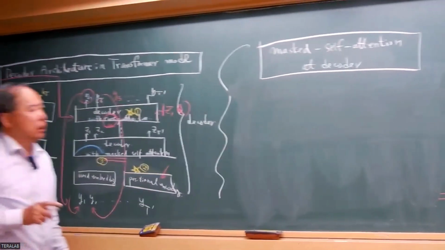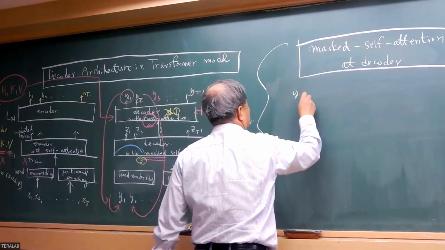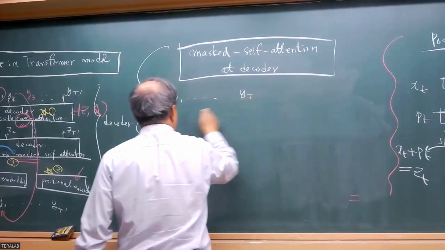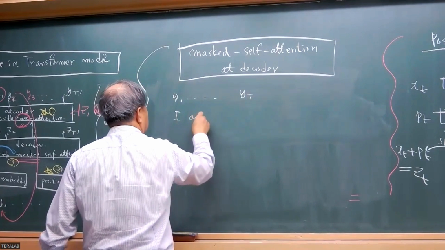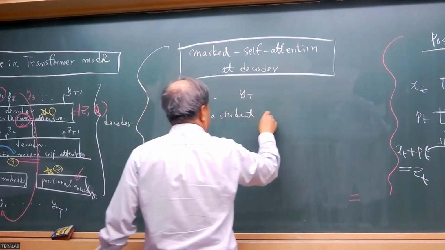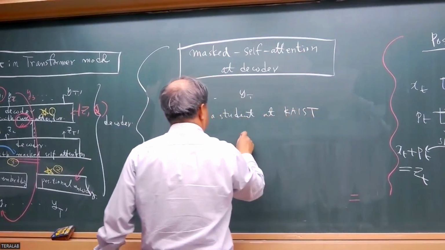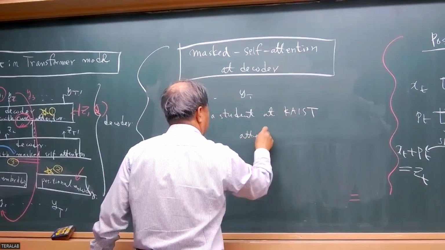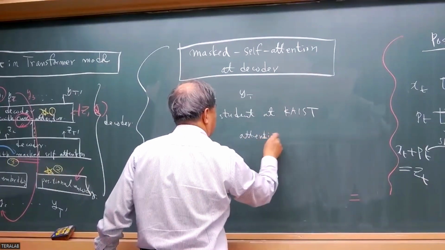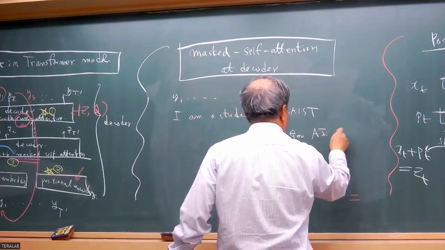Let's assume that the output sequence y1 to yT is: I am a student at KAIST attending Generative AI class.